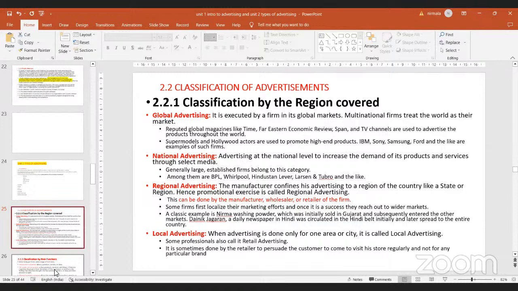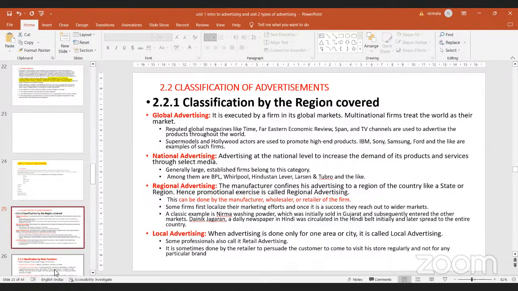There are various magazines people across the globe may choose, like Time Magazine, Far Eastern Economic Review, or Span, or television channels like satellite television channels and private channels, including entertainment channels and also news and current affairs channels. Then they may go for radio advertising also. All this advertising is done to reach the end users who are scattered throughout the geographical area.